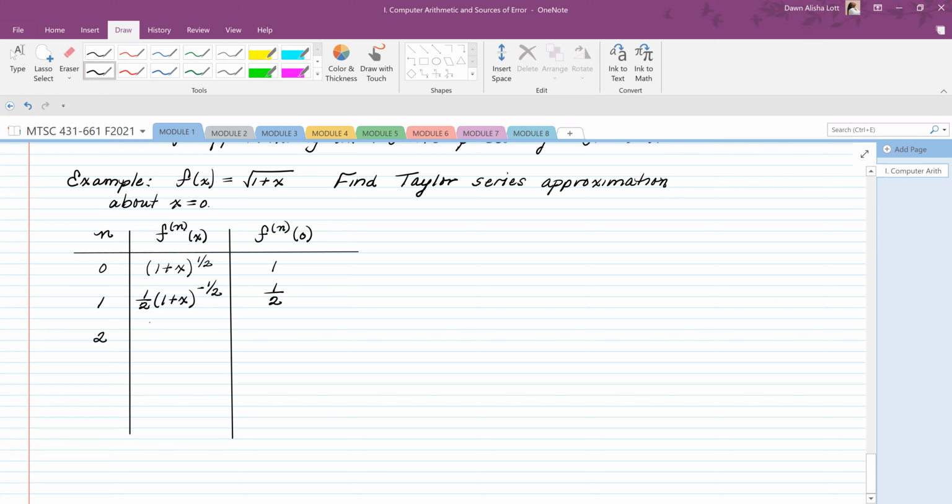Now I'm going to get 1/4 times 1 plus x to the negative 3/2. I feel like there's a negative missing. That's not 1/2. That should be negative 1/4.